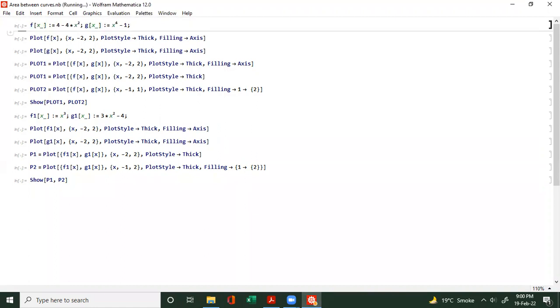I execute these two definitions. After that, I give the command of plot, where I mention the limits are from -2 to +2. Just wait as the first curve is being executed. As it is executed, I will run the second command.